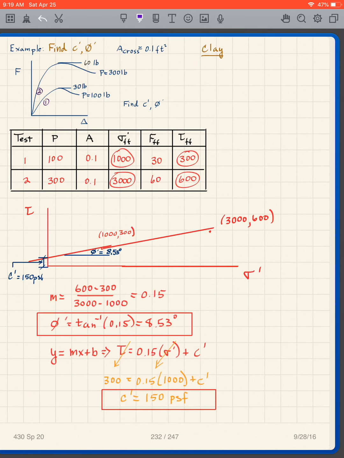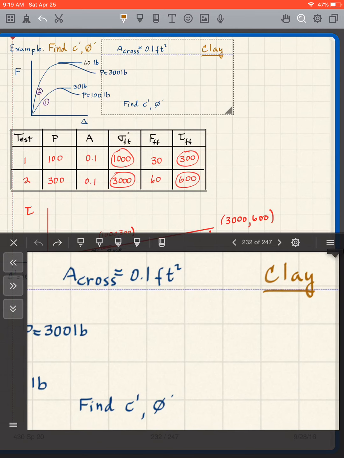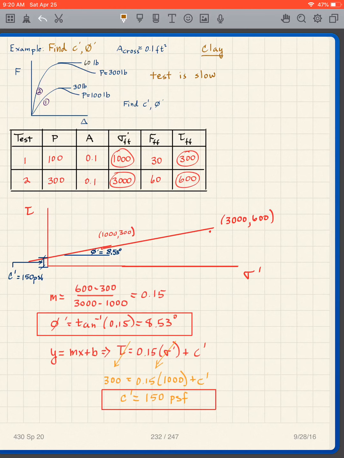So I should write this down, that the test is slow. That tells us it's a drained test, and our goal is to find c prime and phi prime.